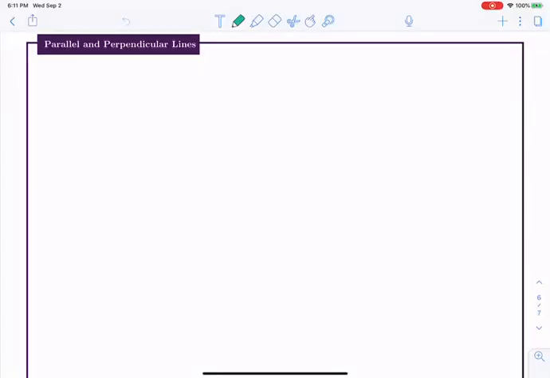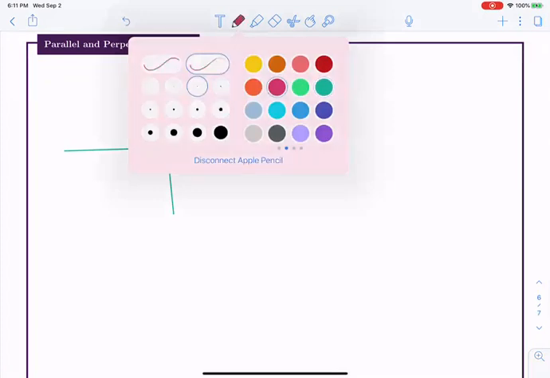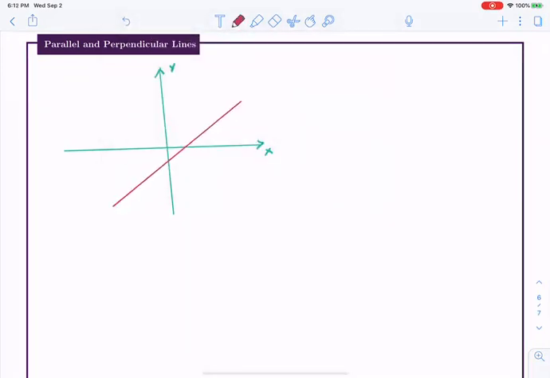So we are looking at parallel and perpendicular lines. If two lines are parallel to each other, those two lines are parallel to each other.